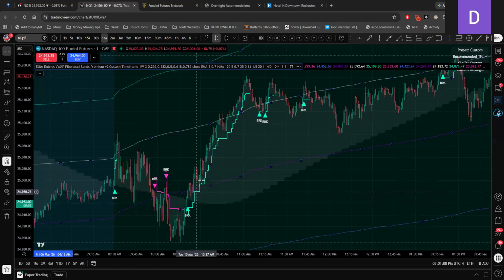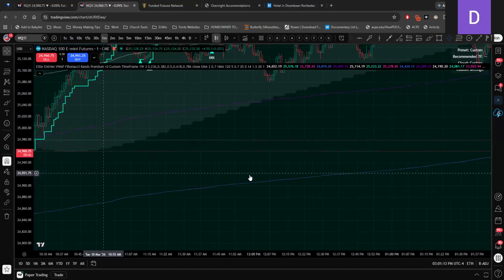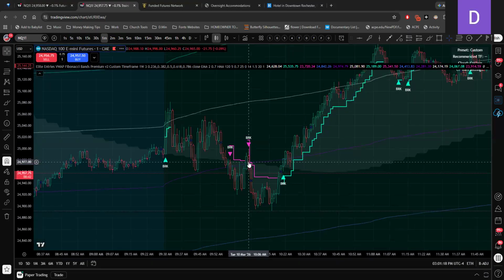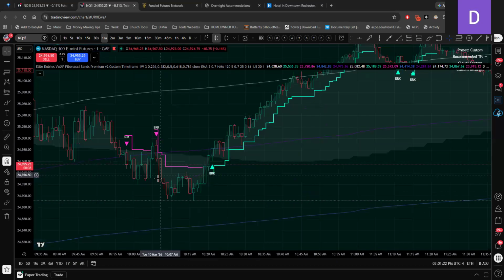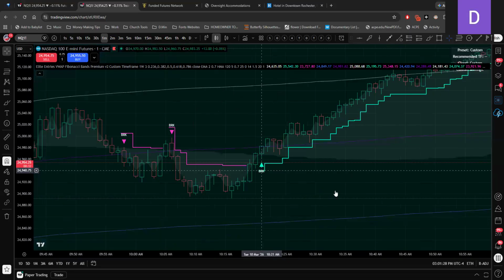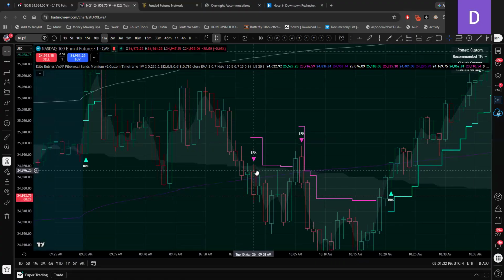Entry, absolute banger. Okay. Even if you took this, put your stop loss up here. Remember I said your entry is always going to be the line. This is how you mitigate your risk. Boom.